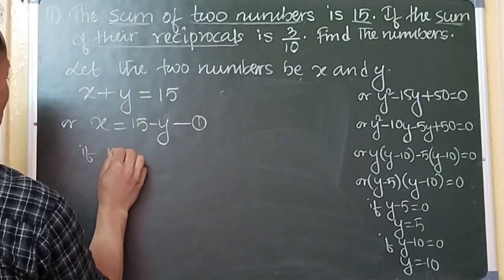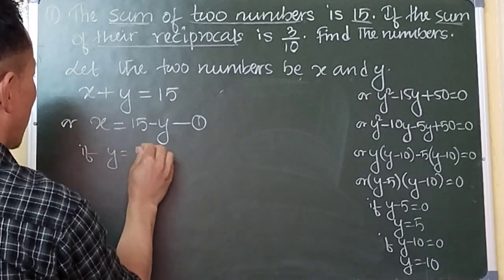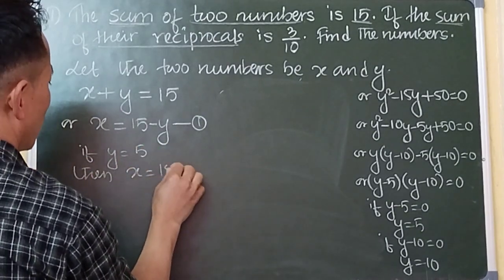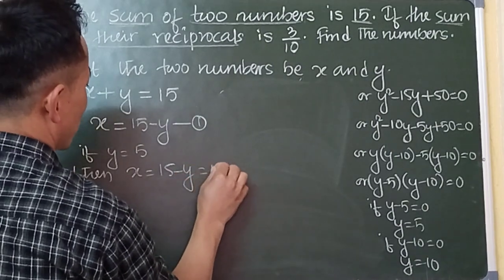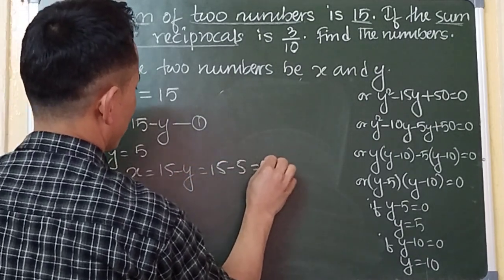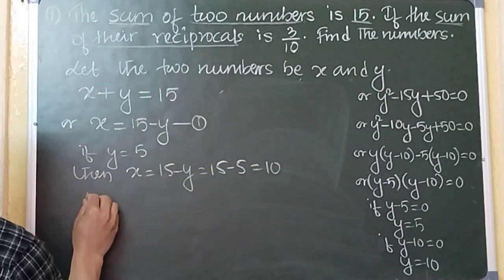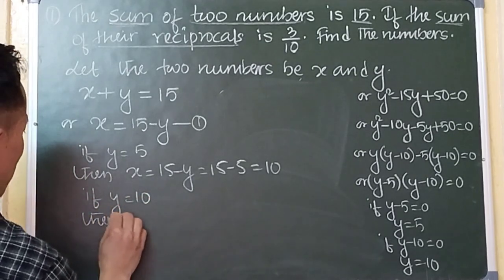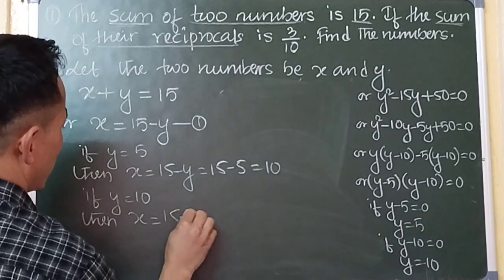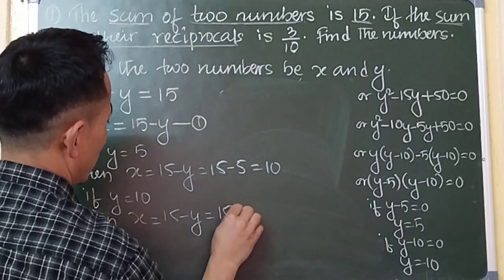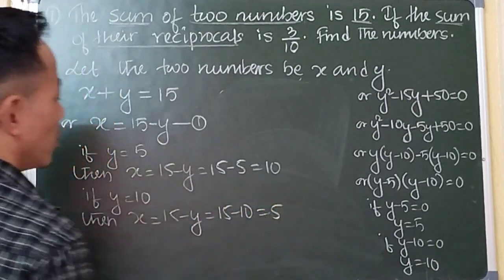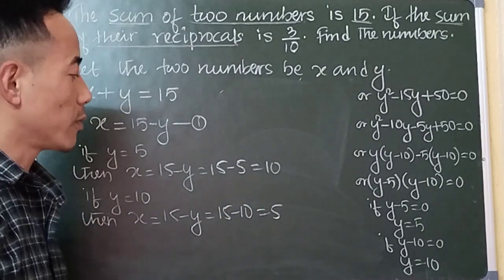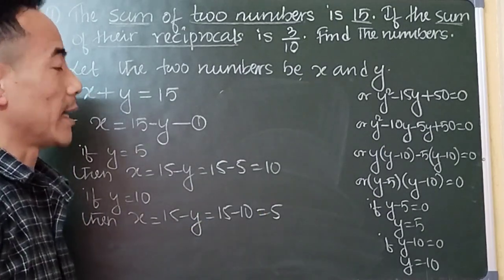Now if you take y is equals to 5, then the value of x will be 15 minus y, which is 15 minus 5, this will give you 10. And if you take y is equals to 10, then you will get x is equals to 15 minus y, which is 15 minus 10, that will be equal to 5. So you can see the two numbers that we are getting for x and y is 5 and 10.